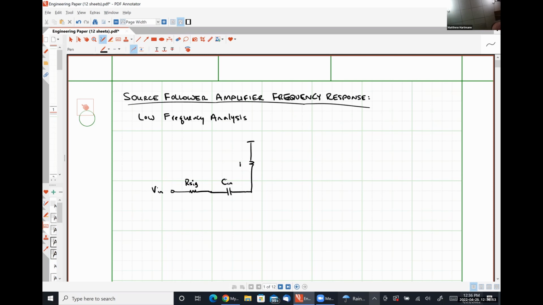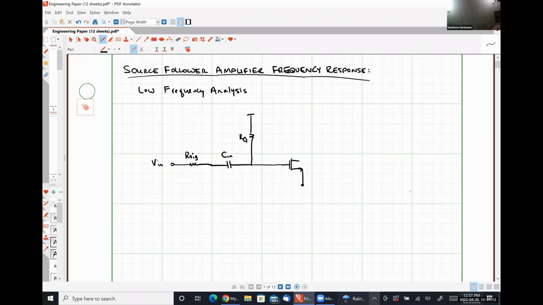And then we have some gate resistance here, RG. Here is a source resistance, RS.